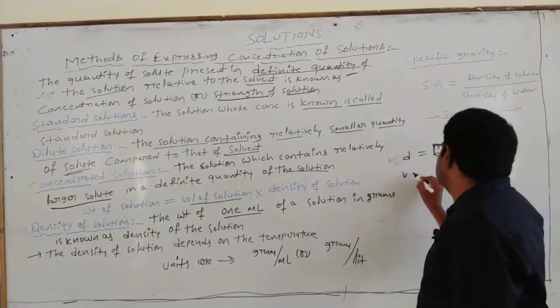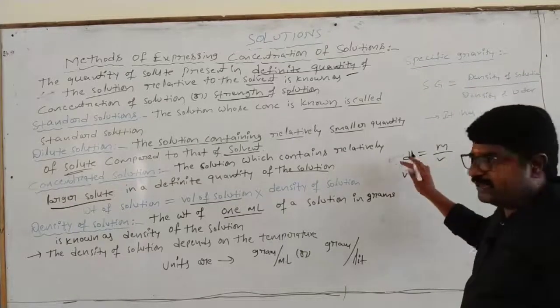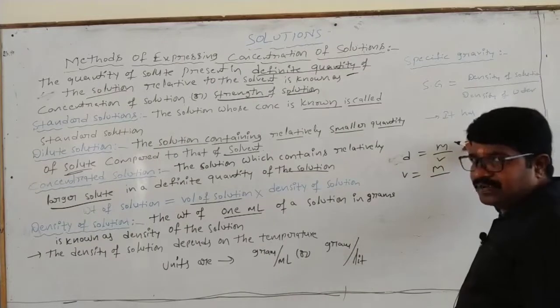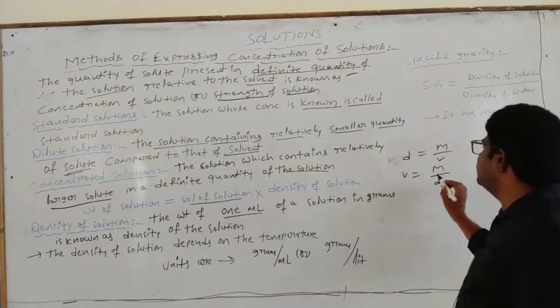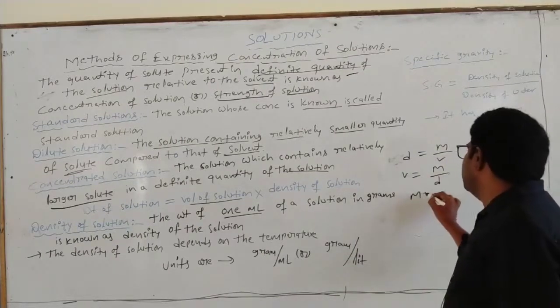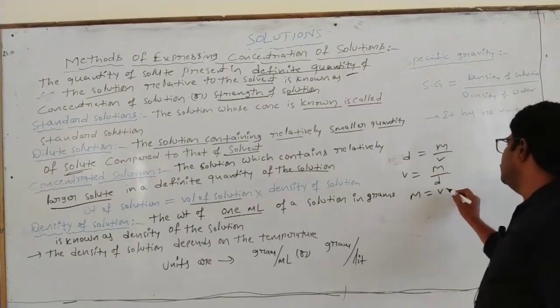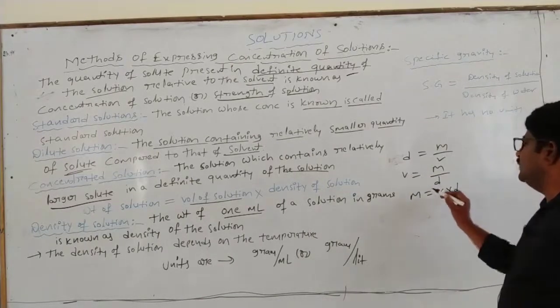Now the volume of the solution, calculated based on density, is equal to the mass of the solution divided by the density of the solution. If you want to calculate the mass of the solution, it is volume of the solution into density of the solution.